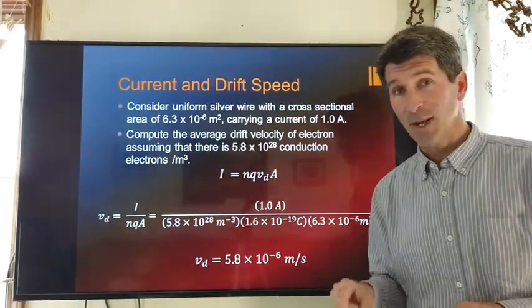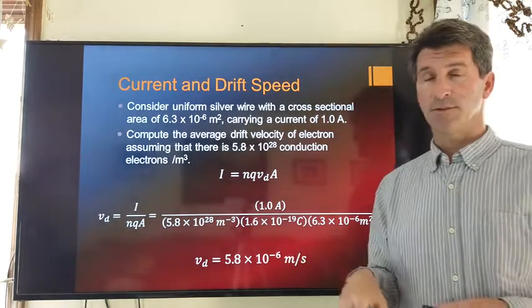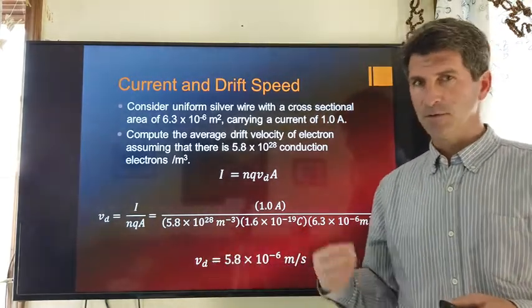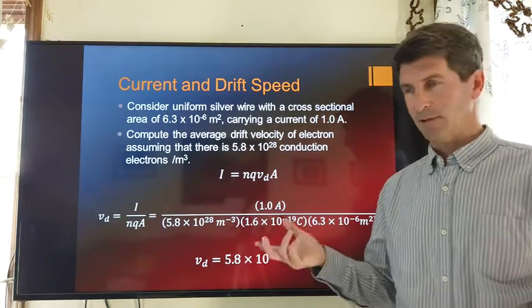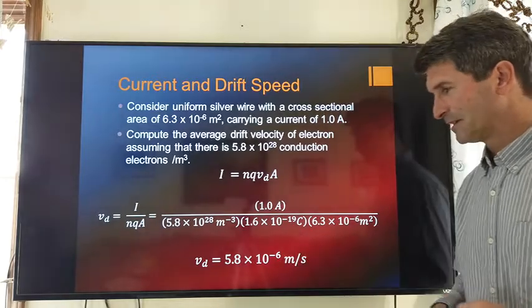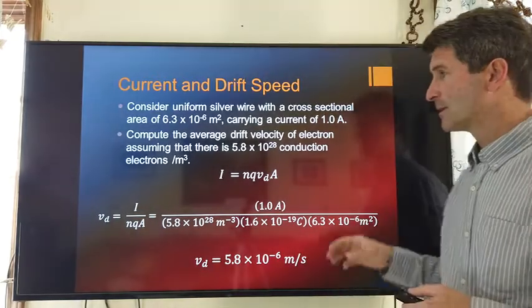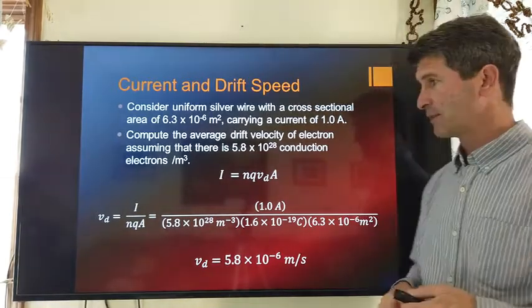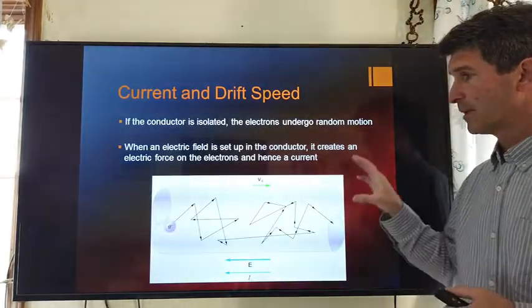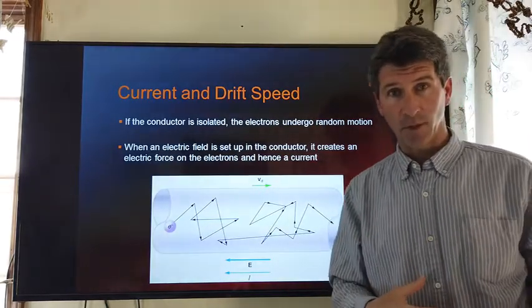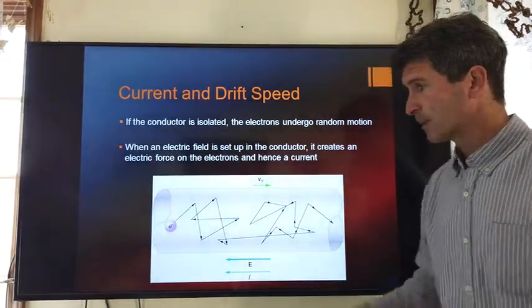If you watch it under a microscope, obviously electrons are too small to see, but cells can move at that speed. A single-celled protozoan moves at that sort of speed. So we got really small velocities for these electrons, but that doesn't mean that they're not moving very quickly within the metal.